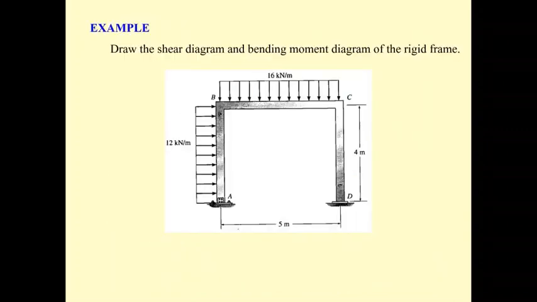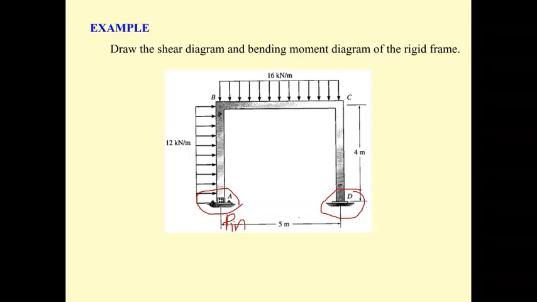Okay, and let us do some examples so it will enhance your understanding of drawing the shear diagram and moment diagram. Let us consider the first example, which is the frame. This frame has A as the pin and has the D support as the roller.